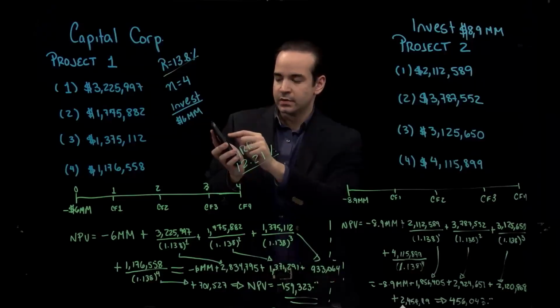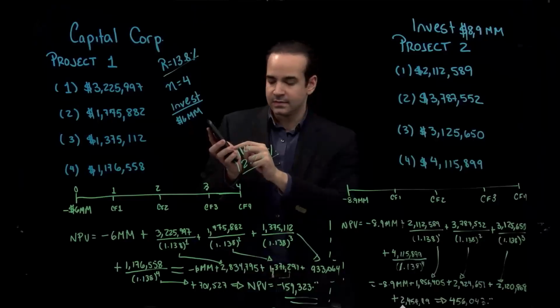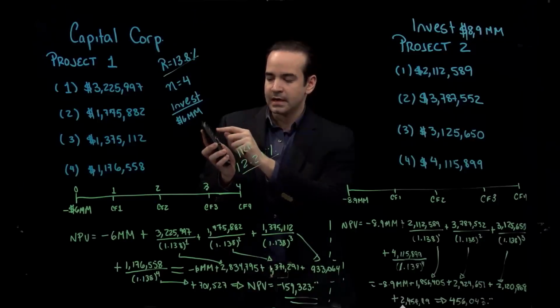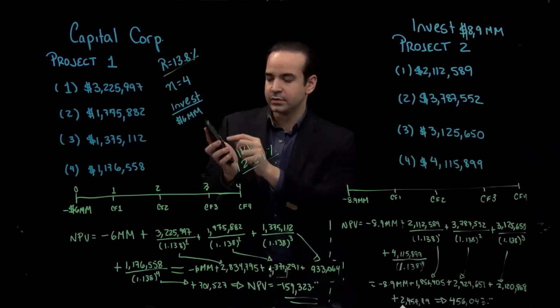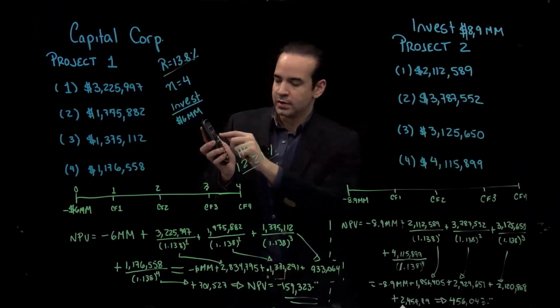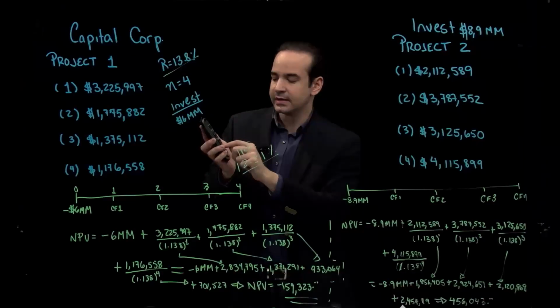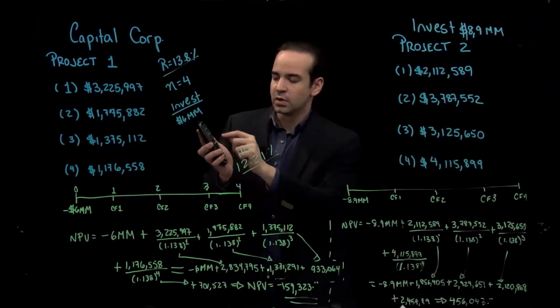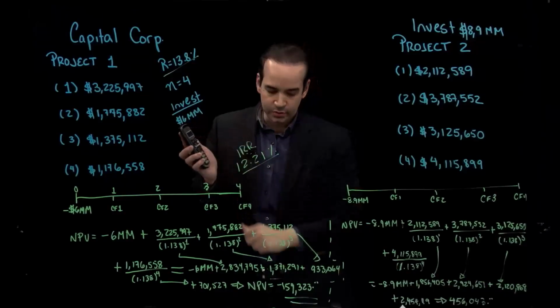Enter. Frequency 1, cash flow 2, which is 3,787,552. Enter. Then cash flow 3, 3,125,650. Enter. Then the frequency is just 1. Cash flow 4, which is 4,115,899. Enter. Frequency is 1. And then we just press IRR and we press compute.